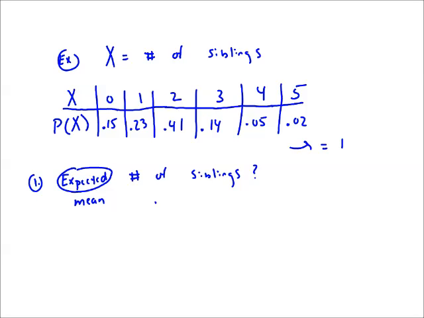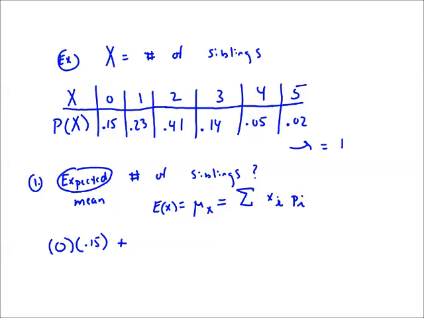And expected, they also say mu of x, meaning mean, is the summation of x sub i, p sub i. So that means you take each x, 0, times each probability.